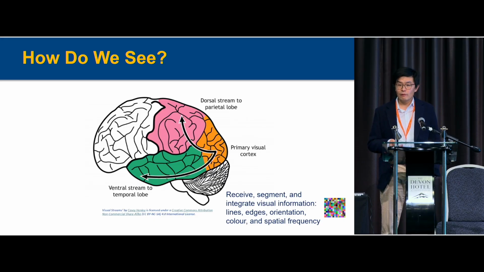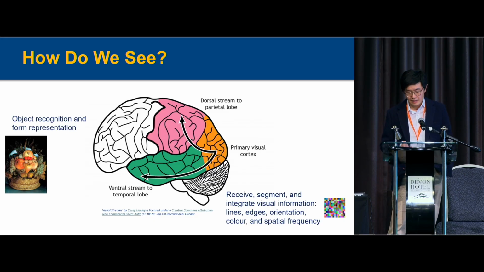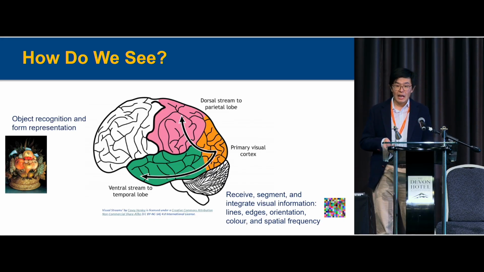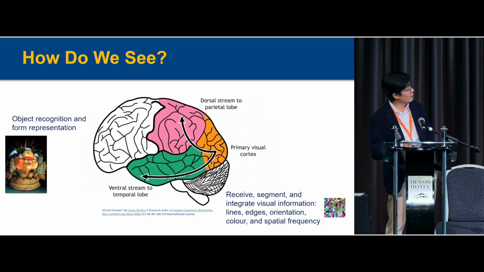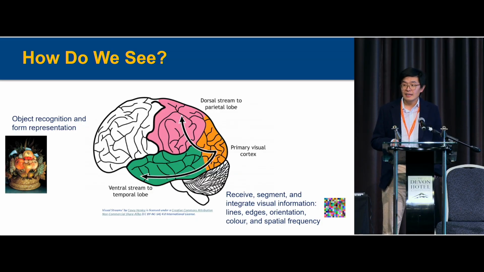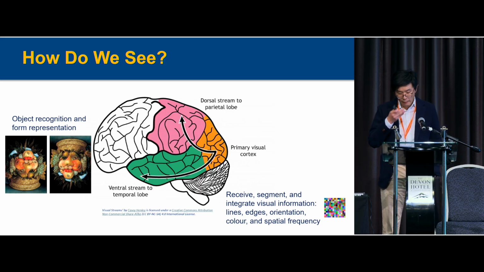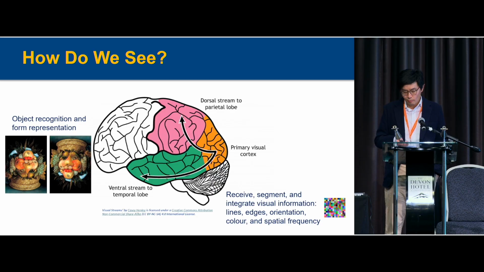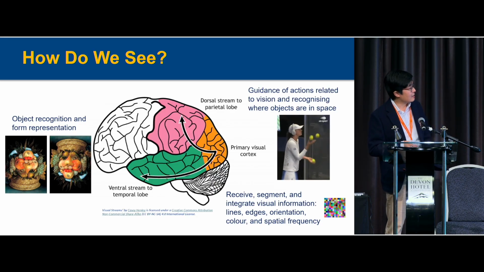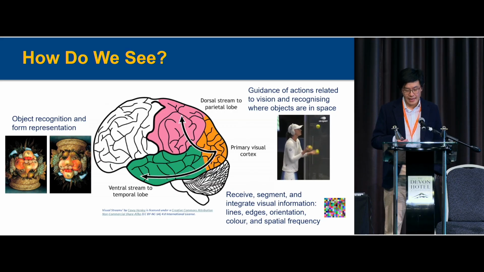From there we've got two separate pathways that decide what the lines, dots and shapes represent, to give us object recognition, or even making shapes out of faces and things like that from the fruit you can see there. The other pathway that's really important is guiding actions related to vision and recognizing where objects are located in space.